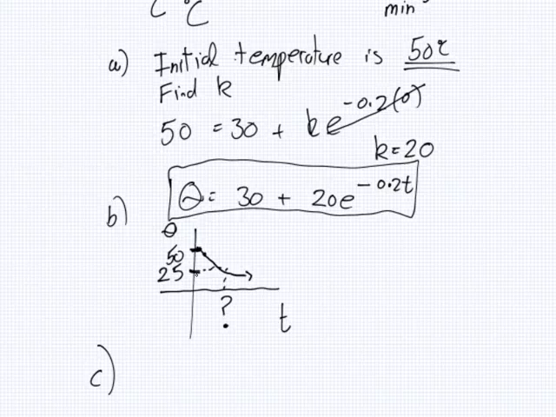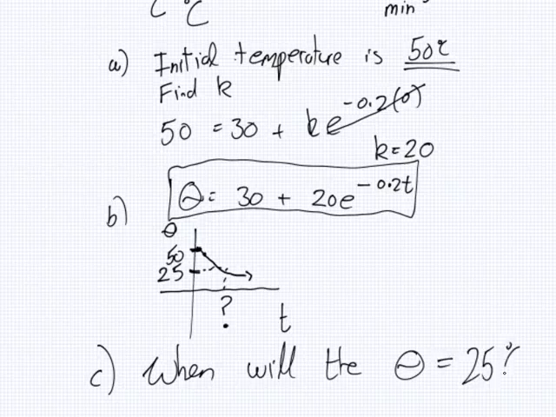Do you understand? So what I want you to try is, when will the temperature theta drop to 25 Celsius. This is one I'll just give you a minute to try. I want to know the time for this temperature. And the key is this equation is what you need to use. So see what you can do.